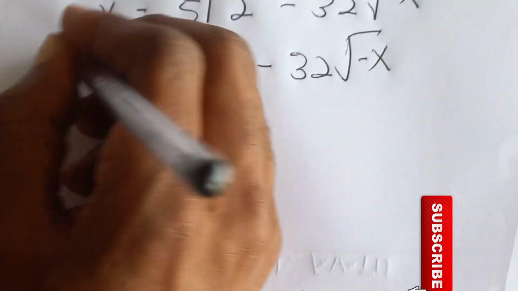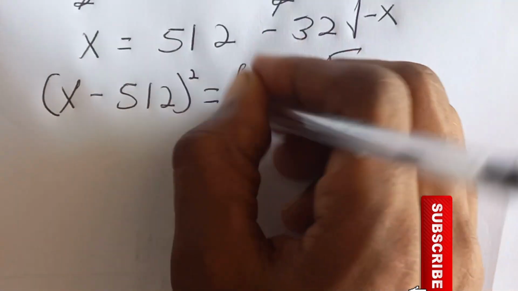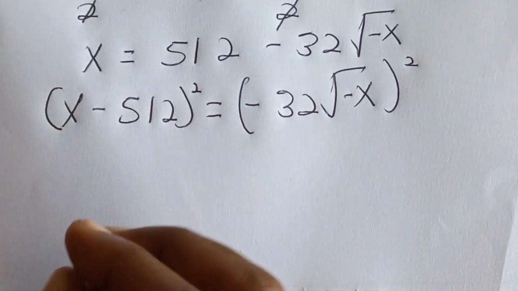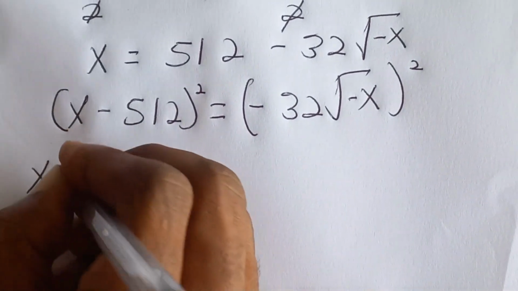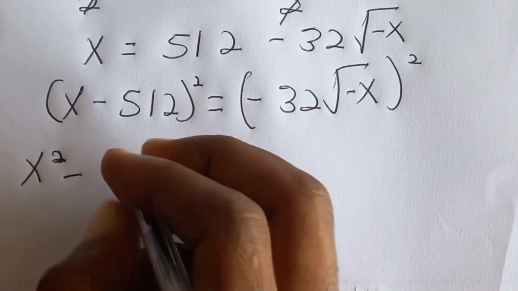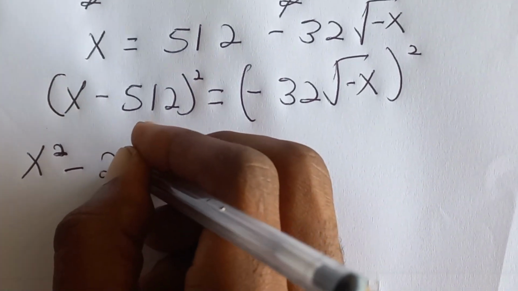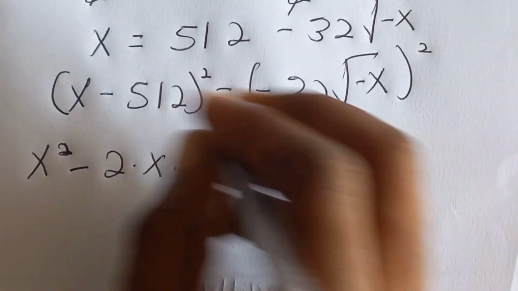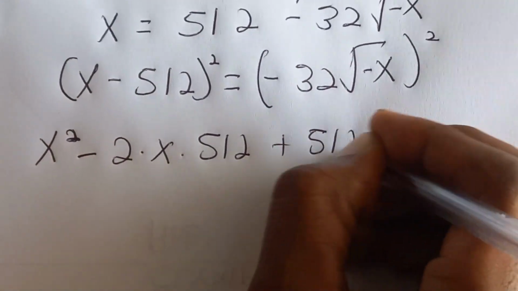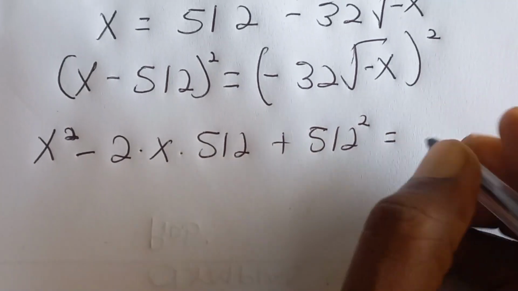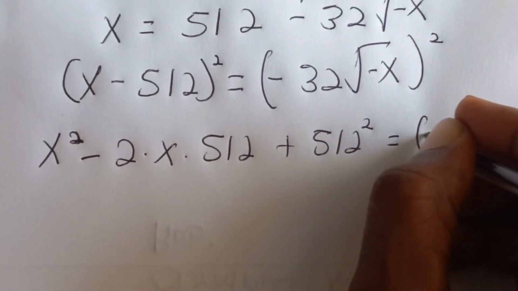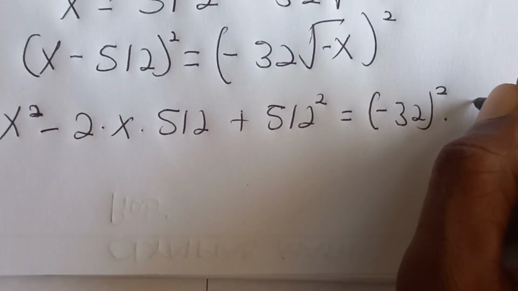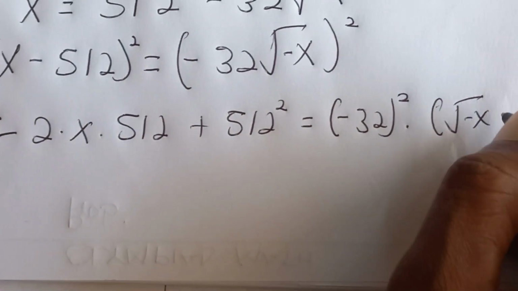So from here we can square both sides. This one is going to give us x squared minus 2 times x times 512 plus 512 squared, which is equal to negative 32 squared multiplied by root of negative x squared.